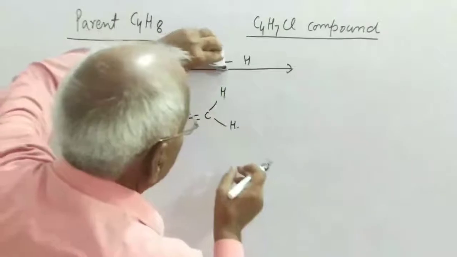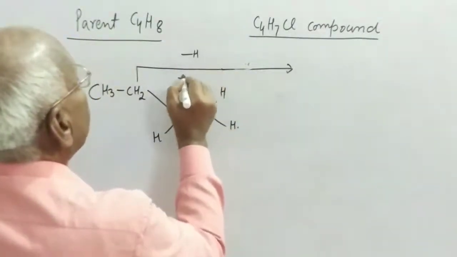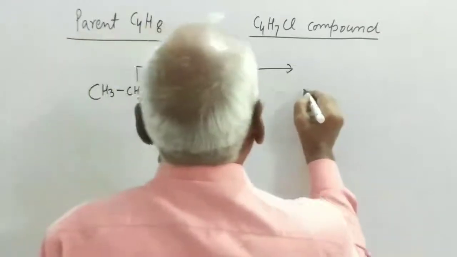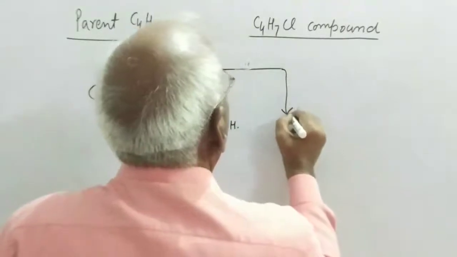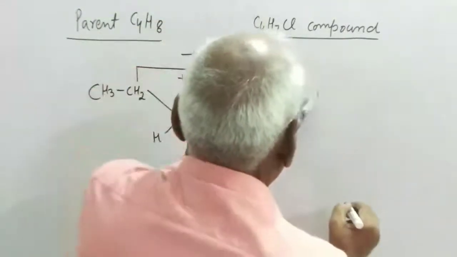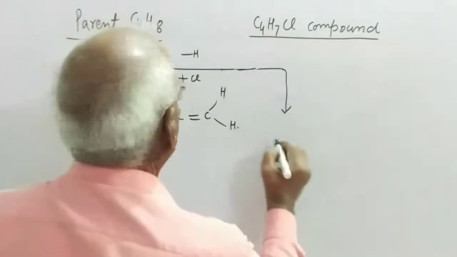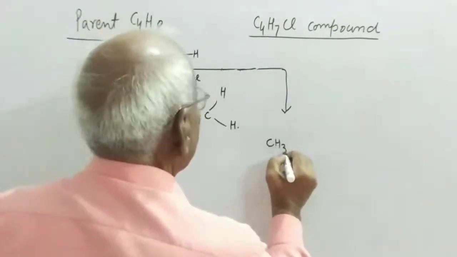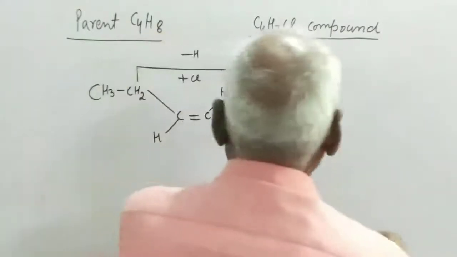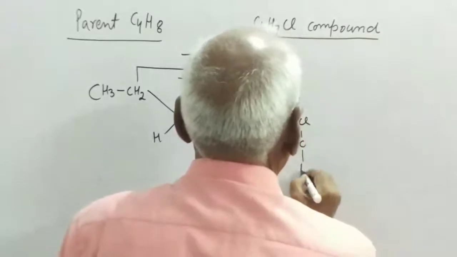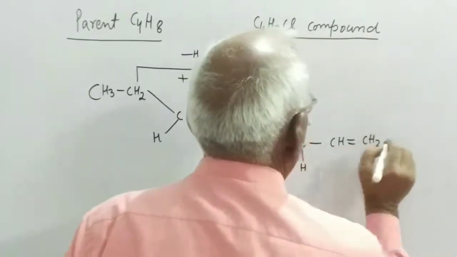So we get the compound CH3 CCl, this is H and this is CH double bond CH2.